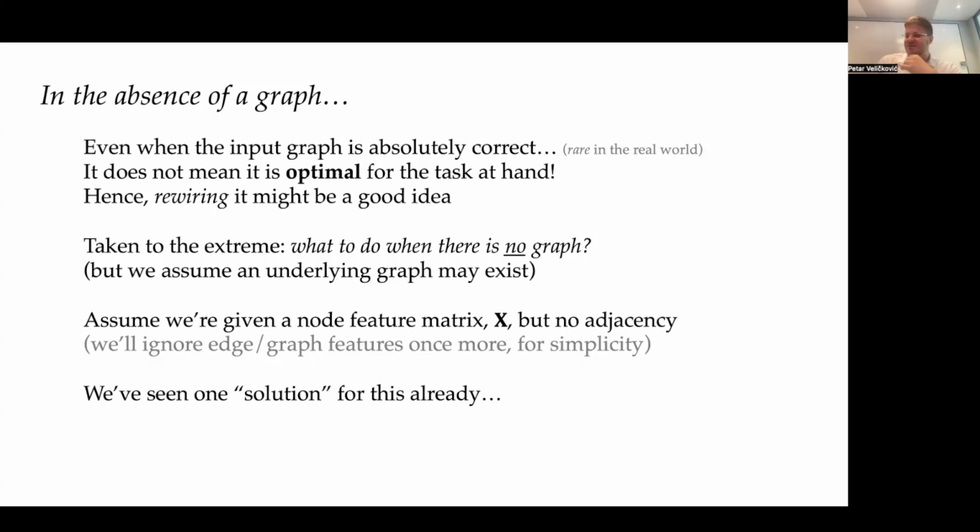I always like to give a different example for this. For example, if you want to predict some movements of humans based on their skeleton pose, technically, if you use the skeleton as the edges in the graph, that is a correct graph of the human skeleton. But imagine you need to do some kind of synchronized motion with your hands.